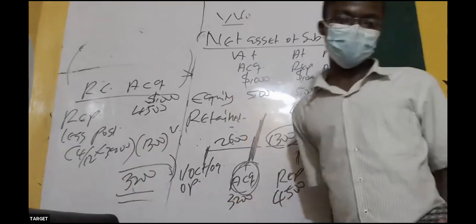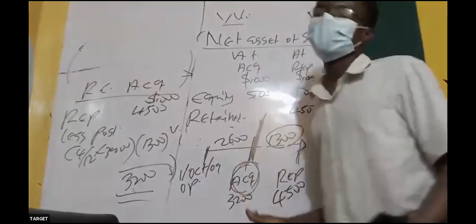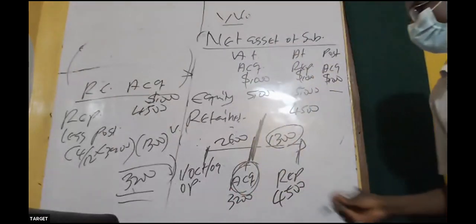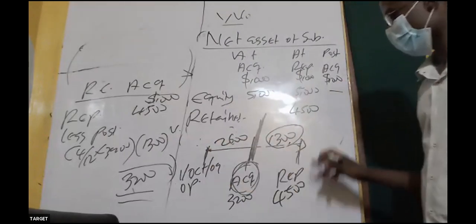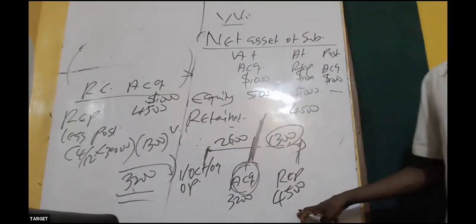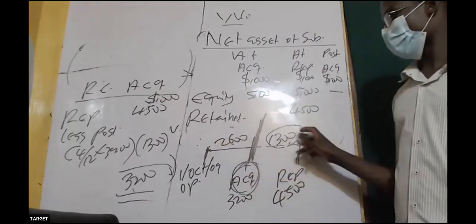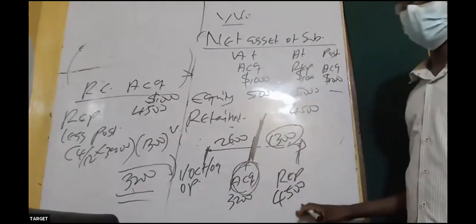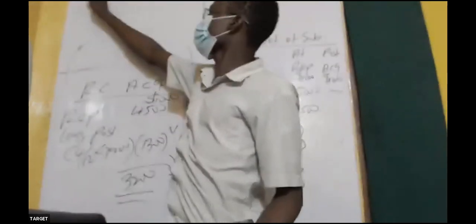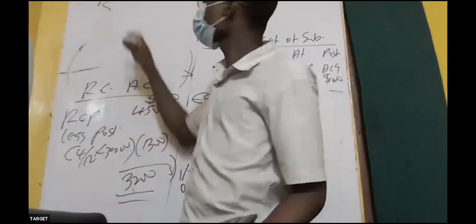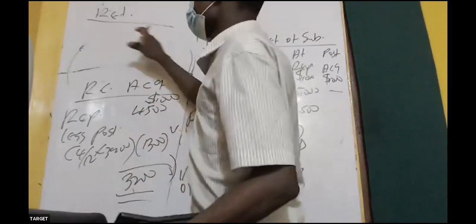This is method 1. Let's go to method 2. Method 2, start from the retained earnings at the beginning of the year. The whole year profit is 3,900. Take it off from the 4,500 to give you the retained earnings at the start of the year, the opening balance. So method number 2, I'm calculating retained earnings at acquisition.